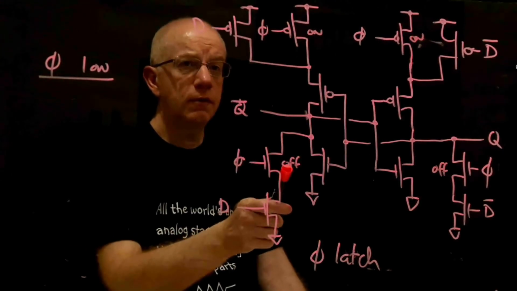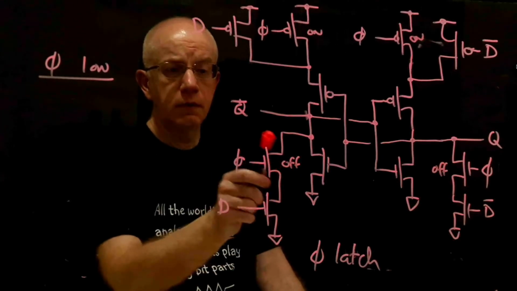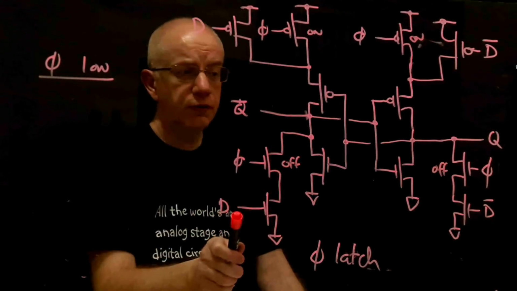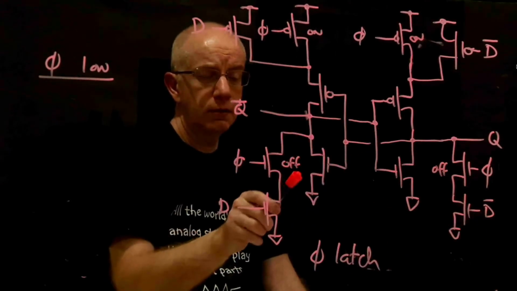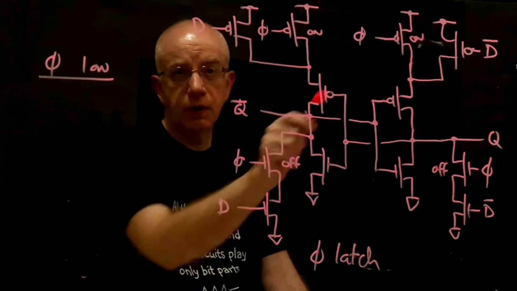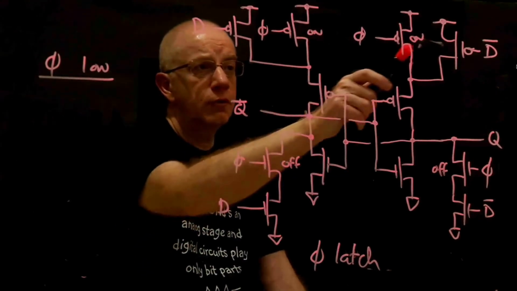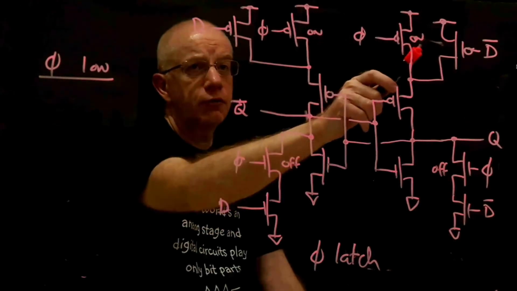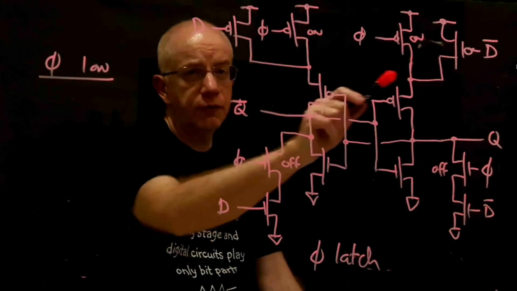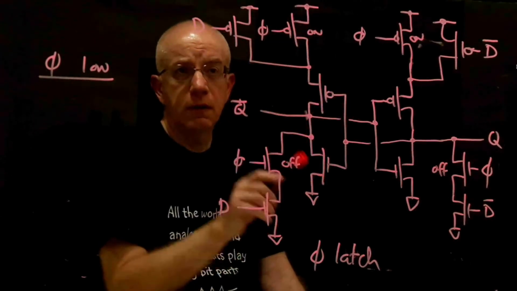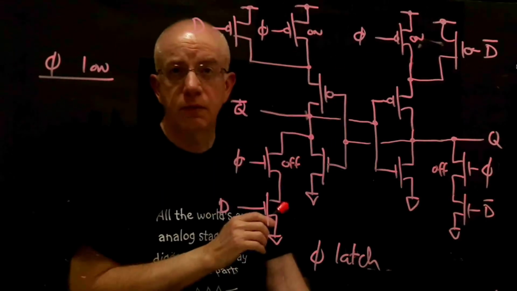Right, so with phi being off, this D transistor and this D bar transistor can't do anything to pull down on either side of this pair of cross-coupled inverters. And with these two transistors on, you're pinning the power supply of these sources here up to VDD instead of potentially cutting them off depending on what D is doing.